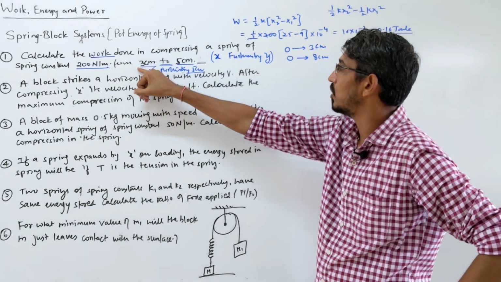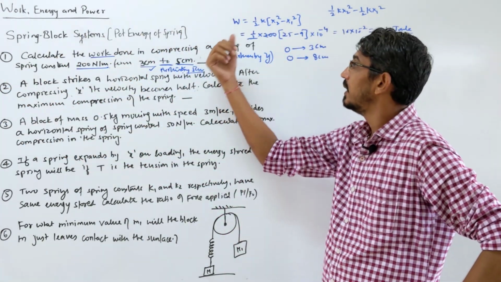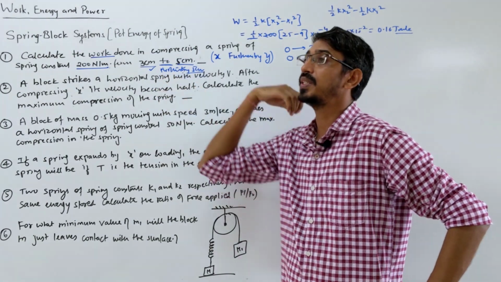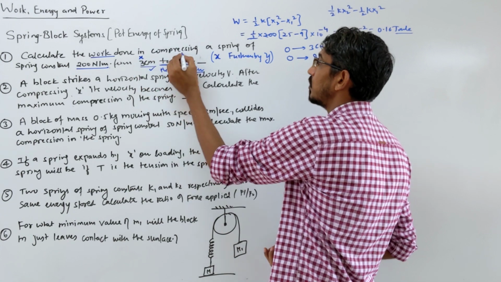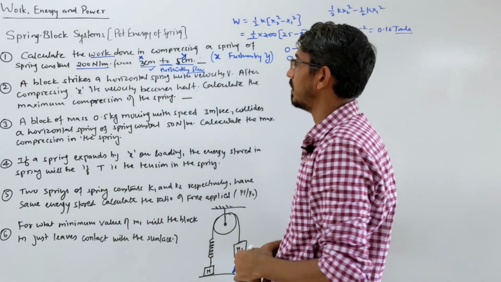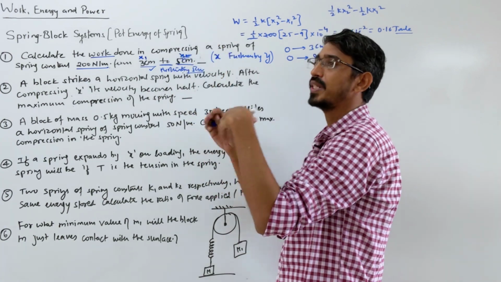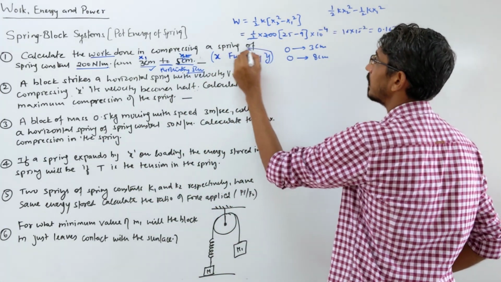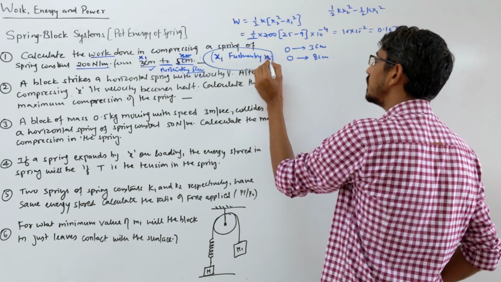How can we understand these two types of questions? If you want to go from 3 centimeter to 5 centimeter, that's a simple way to answer. If you want to compress it further by 5 centimeter, you already compressed by x1 amount and want to compress further by x2 amount.